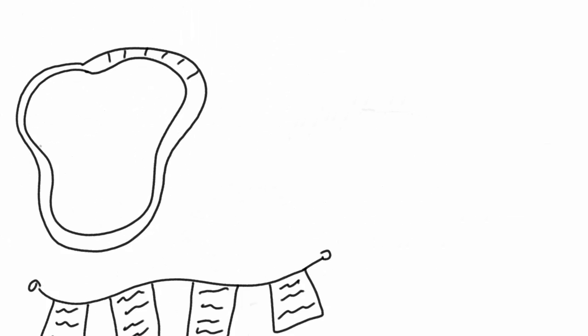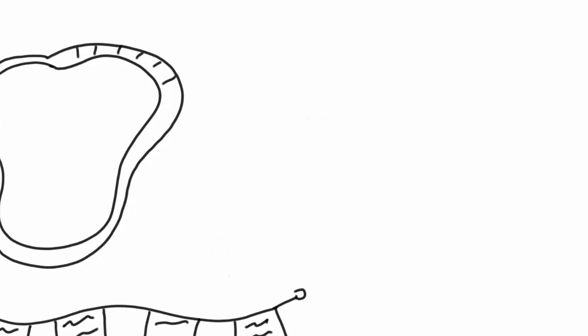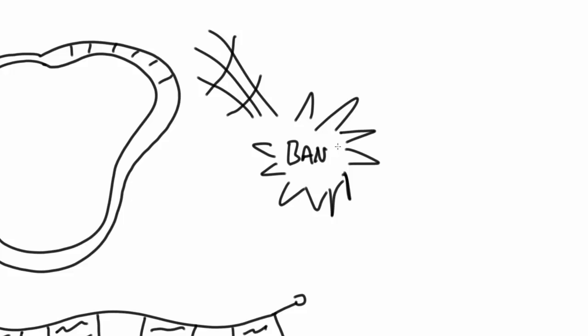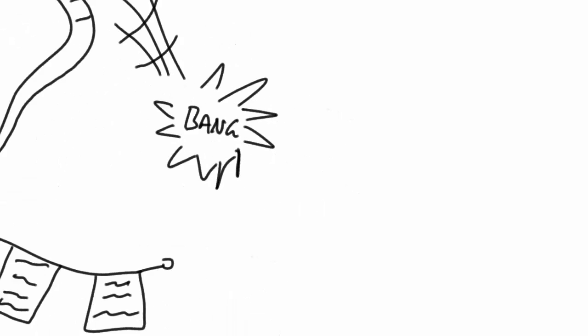You could of course use frames to express different things. For instance, if something is an explosion, a frame could use these little angles to indicate that something just went bang here. There you go. So you can use frames for a variety of different things.